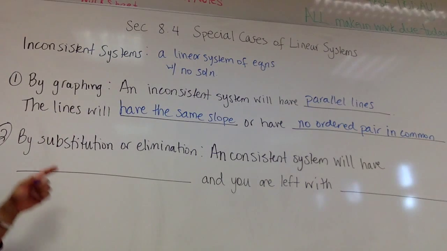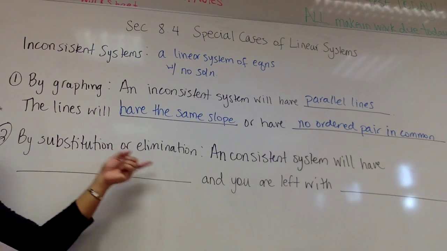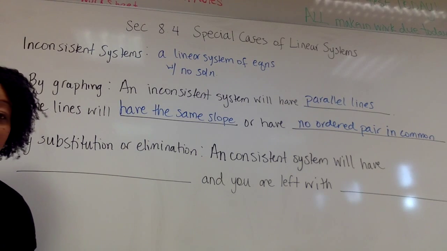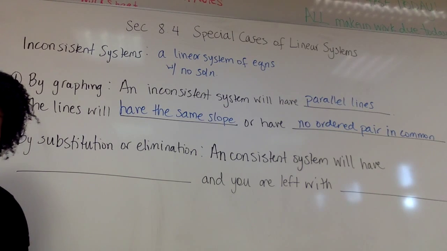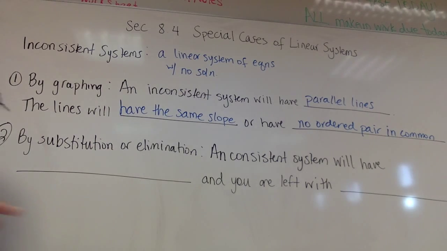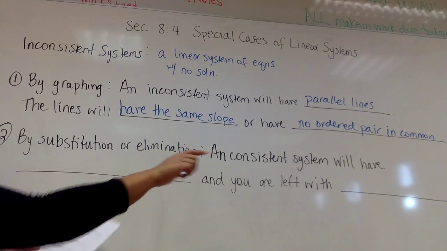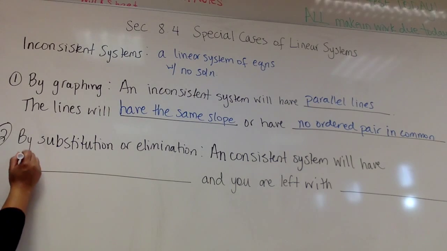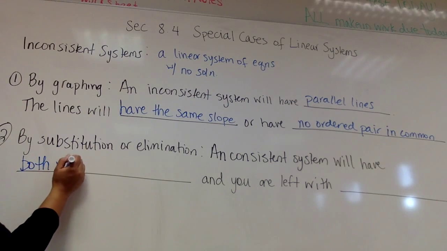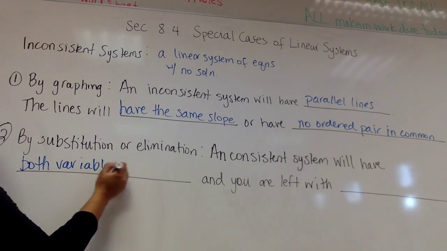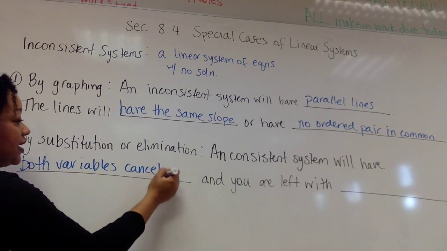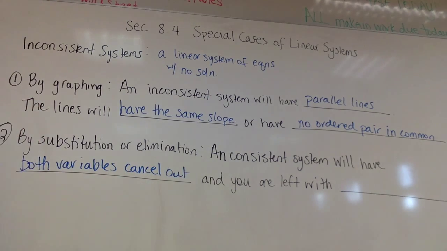Now, what happens if you are substituting or using elimination? How will you know that you have an inconsistent system? Well, here's what you look for. First of all, your inconsistent system will have both of your variables cancel out. All right? Everything, X and Y, T and P, M and R cancel out.